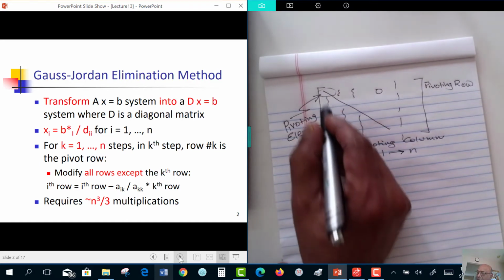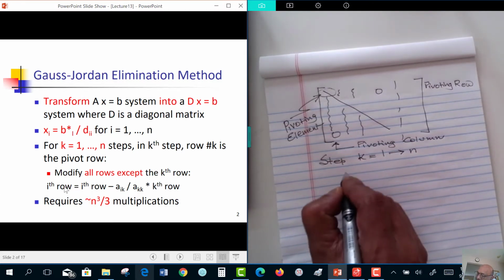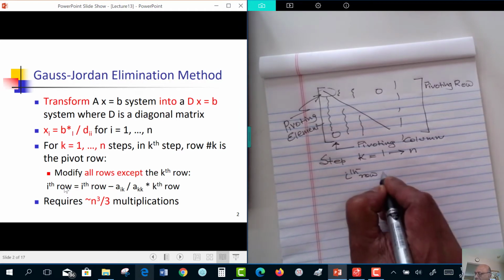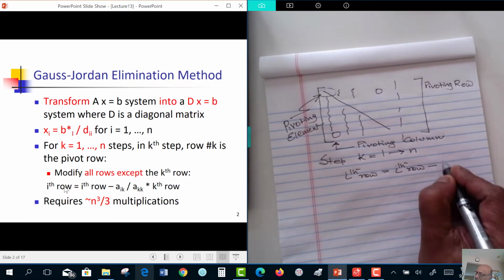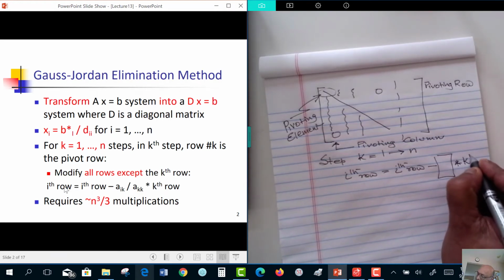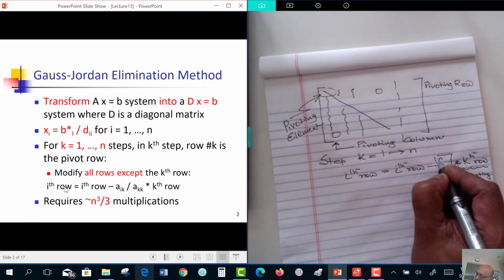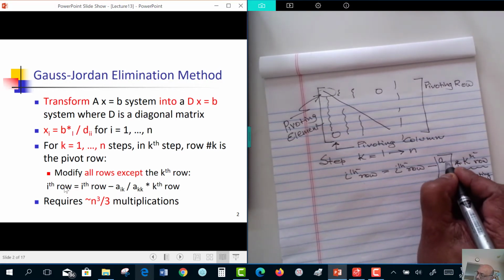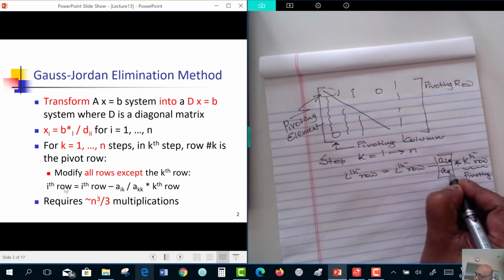So what we are going to do is modify all rows except the kth row. And how are we going to modify it? We are going to take the ith row and subtract from it a multiplier times the kth row. Remember, kth row is our pivoting row. So this multiplier is a ratio of element aik over akk.